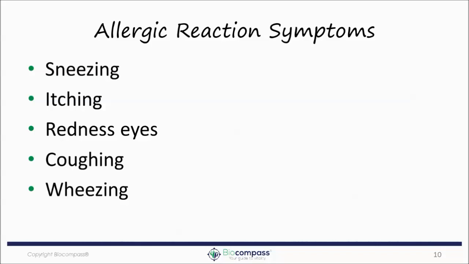How would you go about finding the evidence? Because there's no single cause of a so-called allergic symptom. There is no allergic symptom. There's the sneezing, there's the itching, there's the redness, there's the coughing, there's the wheezing, and some other symptoms. You can find the evidence behind each and every one of them, but there's no evidence behind an allergic reaction as such.